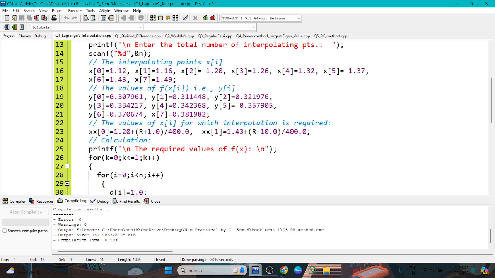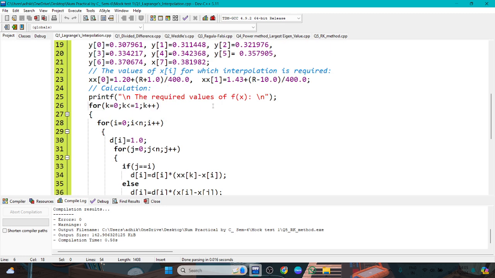The interpolating points xi, that is x0, x1, x2 up to x7, and the values of f(xi), that is yi, y0 to y7, and the values of x for which the interpolation is required, that is xx0 equal to 1.20 plus r plus 1 by 400, and xx1 equal to 1.43 plus r minus 10 by 400.